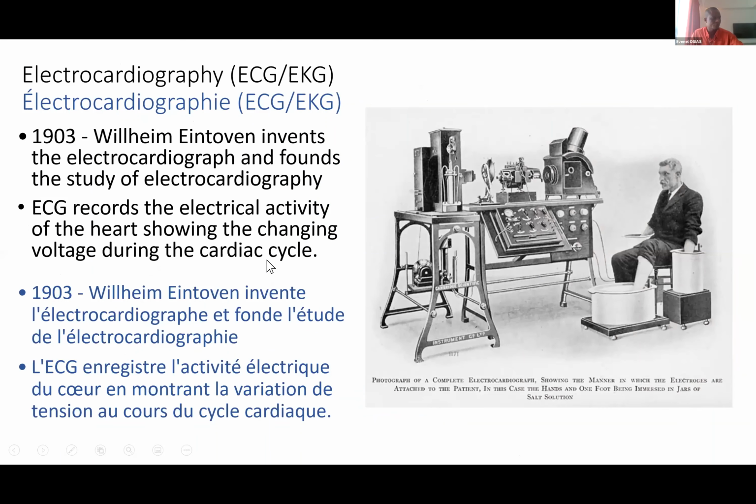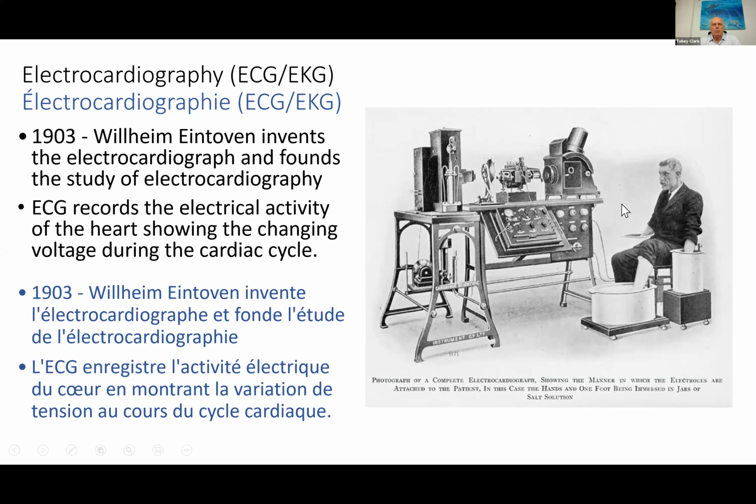Yeah, you're welcome. So the first parameter that we're going to discuss is electrocardiography. And you can see here, more than 100 years ago, Wilhelm Einthoven invented the electrocardiograph. He also invented the study of the electrical activity of the heart.